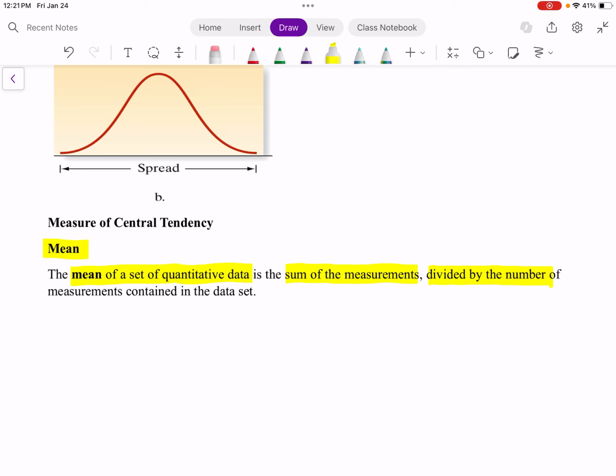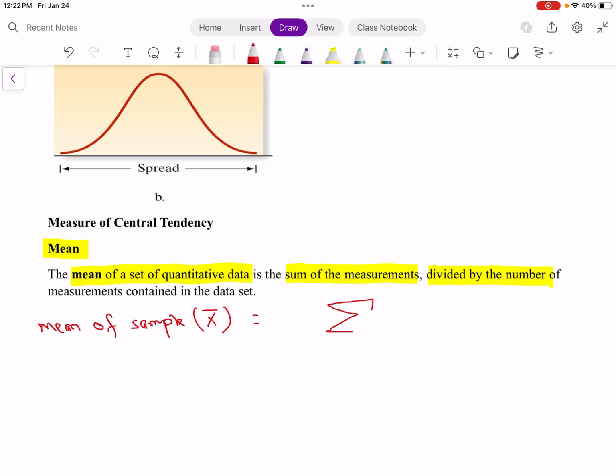We can write this formula in general. We have x bar to represent the mean of a sample. This mean of a sample, x bar, is equal to, we have this notation.